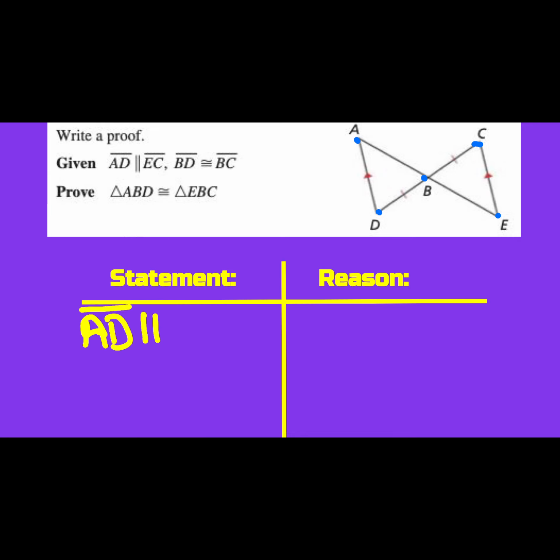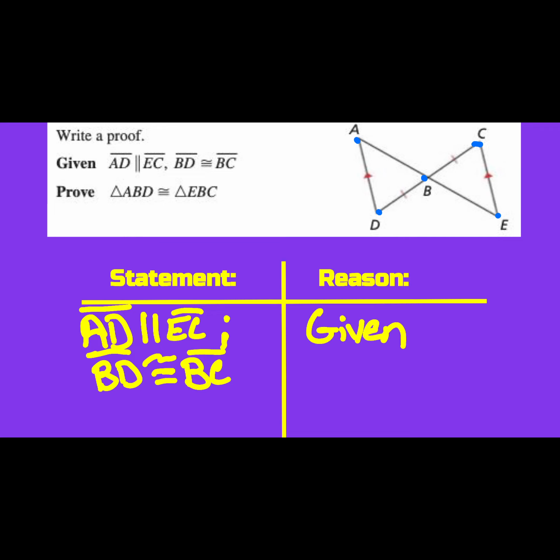AD parallel to BC, and BD congruent to BC. The reason is because this is the given.